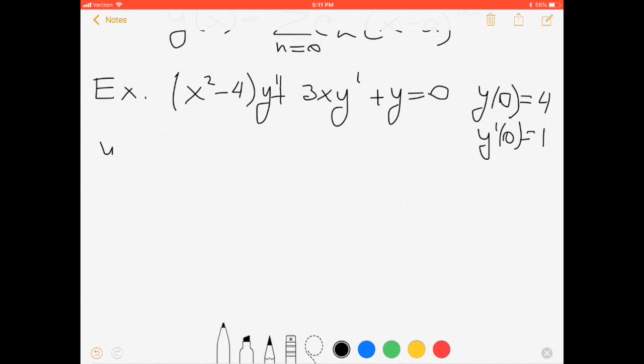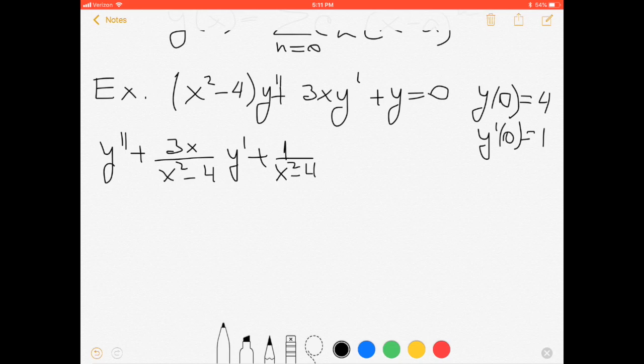We have second derivative plus 3x over (x squared minus 4) y prime plus 1 over (x squared minus 4) y equals 0. As you can easily see, x equals 2 and x equals negative 2 are our two singular points.